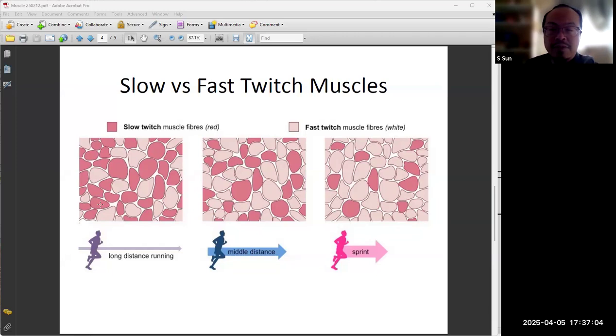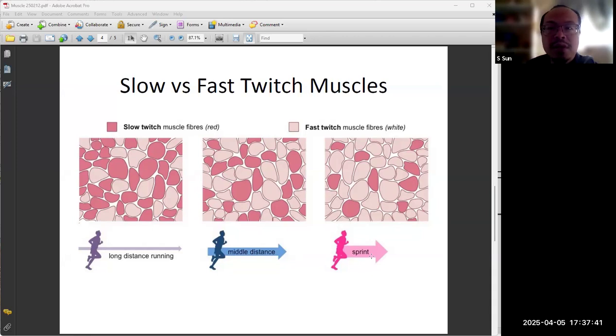Slower twitching muscle doesn't really carry that much energy. It requires blood supply, and then it can do the reaction much stronger or better. For people who train or compete in sprint or weightlifting, the duration of the exercise is not very long.